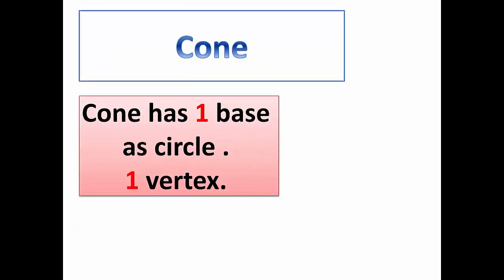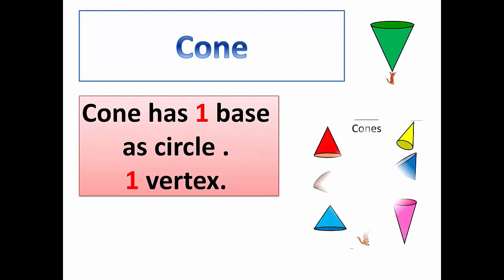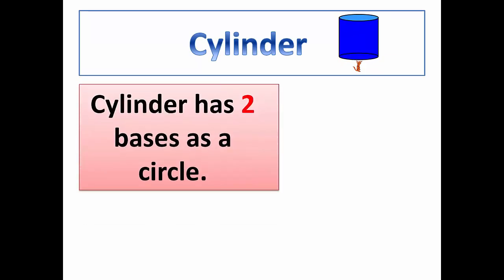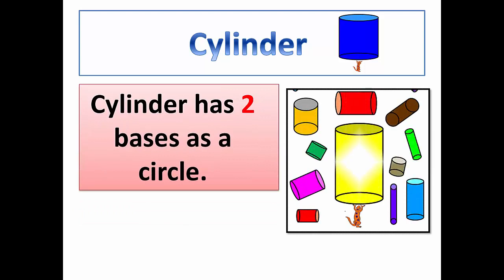Then we have cone. The cone has one base as a circle and 1 vertex. Then we have cylinder. Cylinder has 2 bases as circles.